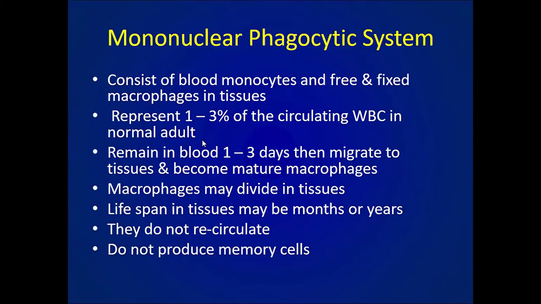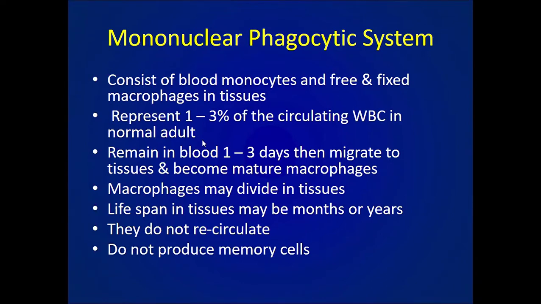Okay, so we have first the mononuclear phagocytic system. This consists now of the blood monocytes together with the free and fixed macrophages in tissue. So it is the monocyte that differentiates to become macrophages. So from the blood, they are monocytes. And then when they already function as phagocytes, they differentiate now to become the macrophages.